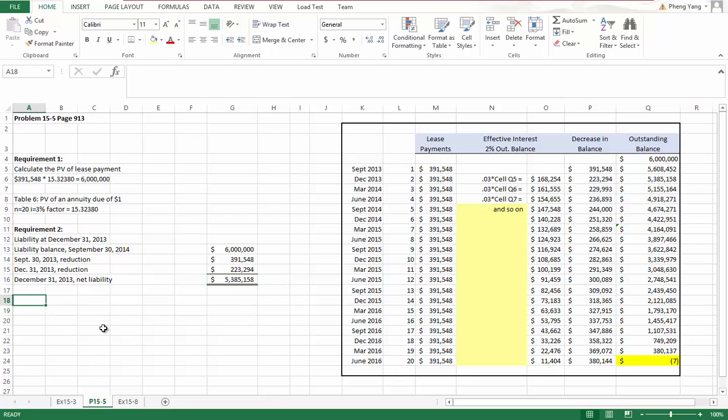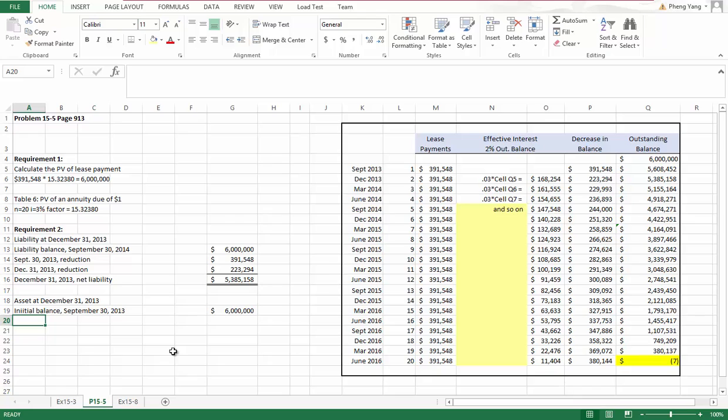Okay, that's for the liability. Now for the asset at December 31st, we'll do the same thing. Our initial balance as of September 30th is that $6 million again.